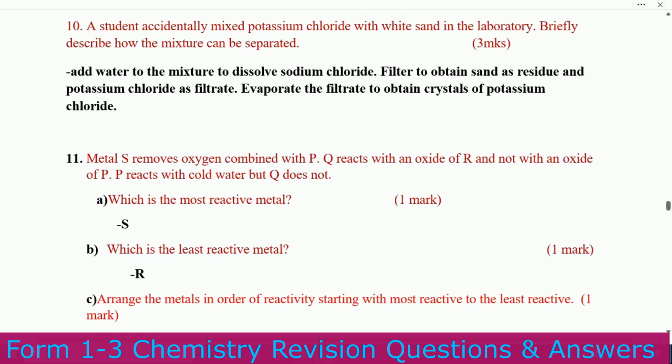How to separate a mixture of potassium chloride and sand. Add water to the mixture to dissolve potassium chloride. Filter to obtain sand as a residue and potassium chloride as filtrate. Evaporate the filtrate to obtain crystals of potassium chloride.